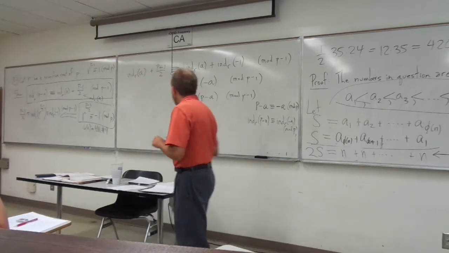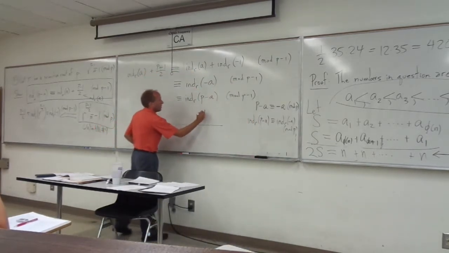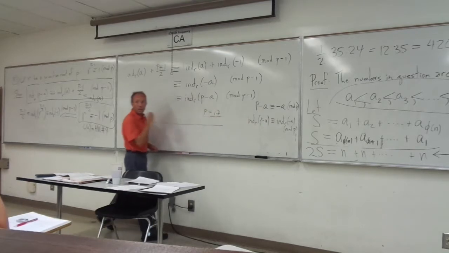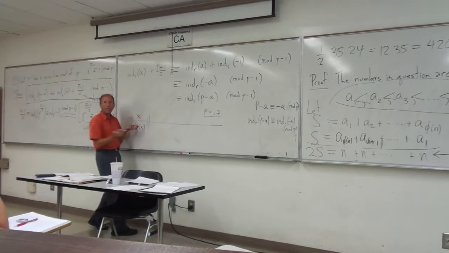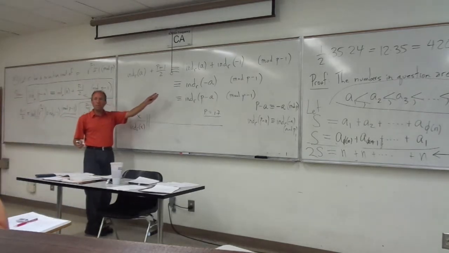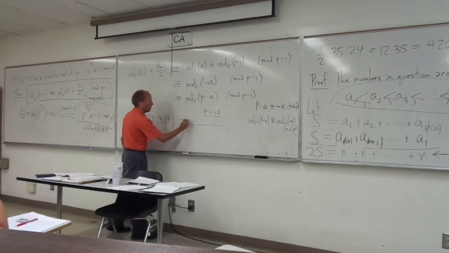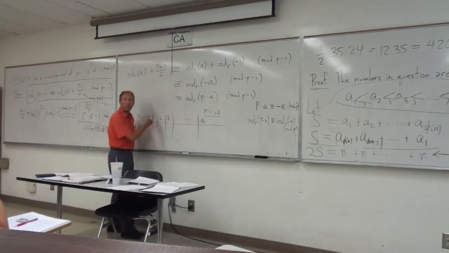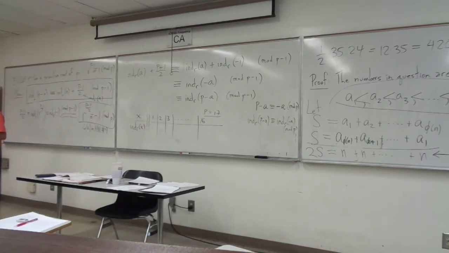You remember when we did in class the prime 17, and I made this table. We found the primitive root of 17, and then with respect to it, we made this table. Because 17 was prime, the x's that you're going to look at are all of the numbers that are relatively prime. Remember that when you're doing the theory of primitive roots, you're only looking at the numbers that are relatively prime to the modulus.